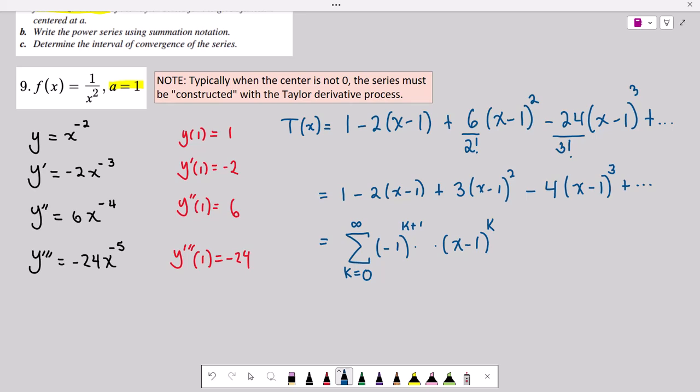So we don't actually need the plus 1. We only need the k because that's starting at 0. When that starts at 0, -1 to the 0 is +1. So that matches. And when we bump to k equals 1, which would be right here, that'll be negative. So we don't need a plus 1. Sometimes you do, sometimes you don't. What are we going to put as the coefficient in there then?